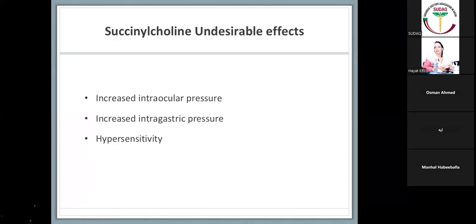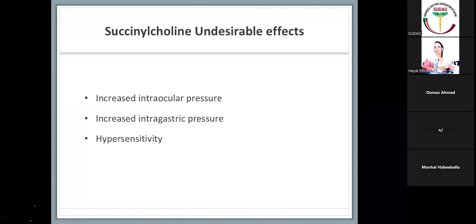This is quite significant, especially in trauma patients with penetrating eye injury, where using succinylcholine could lead to expulsion of the vitreous contents. So again, be very vigilant and cautious about those side effects.